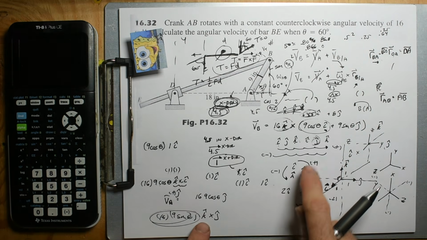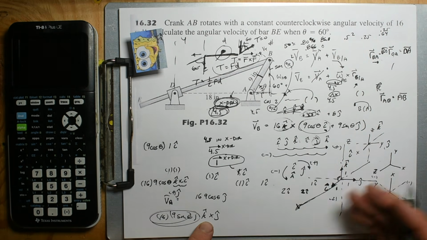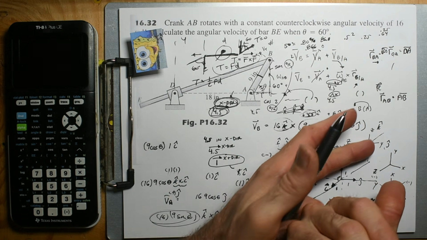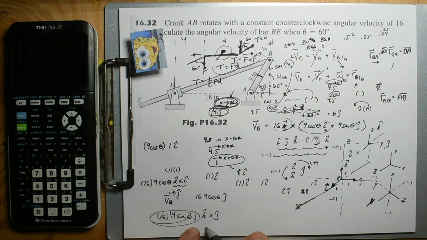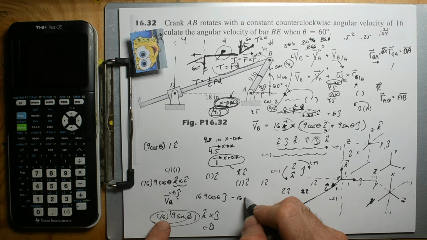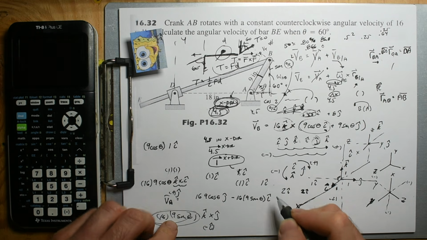And then k cross j is going to be in the negative i direction. So this is going to be negative i hat. So I'm going to have minus 16 times 9 sine theta i hat.